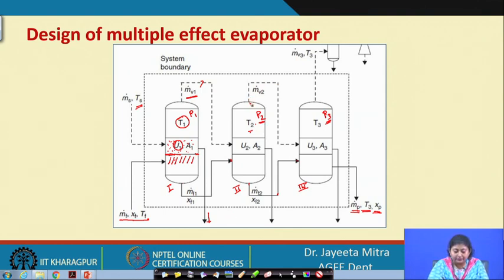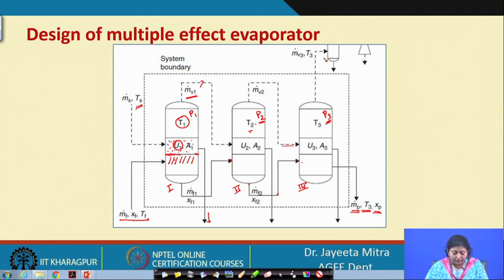mv2 is the vapor generated in the second effect, and that is utilized in the third effect for heat exchange with the input feed entering from the second effect to the third one. The vapor generated in the third effect finally goes to the condenser.